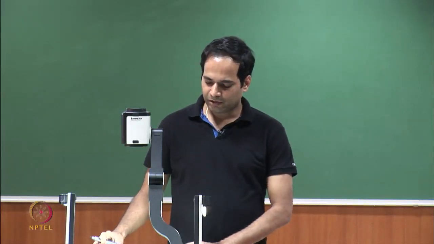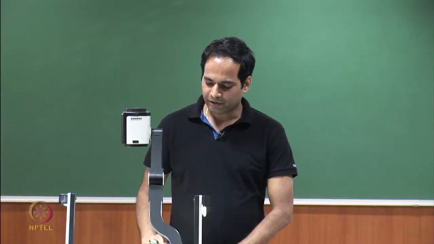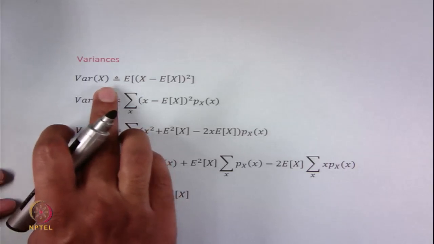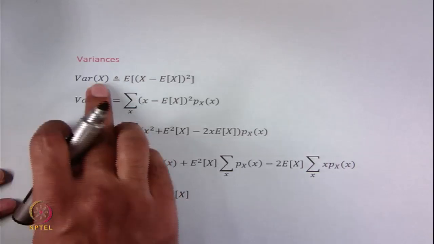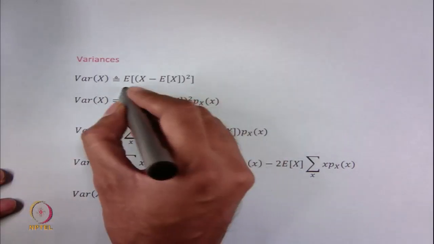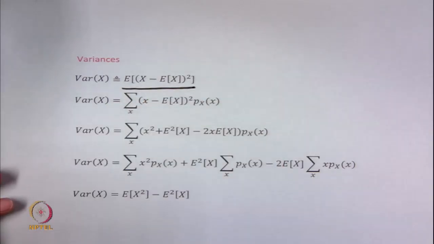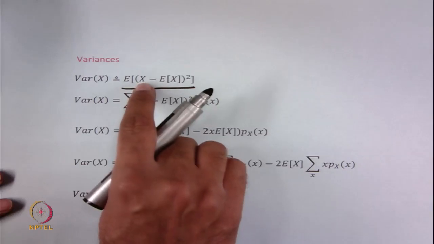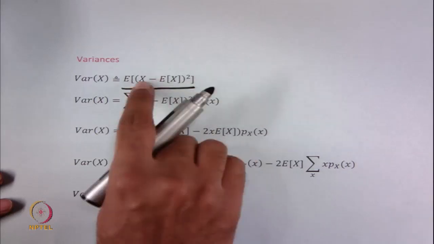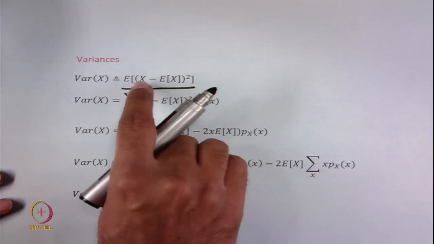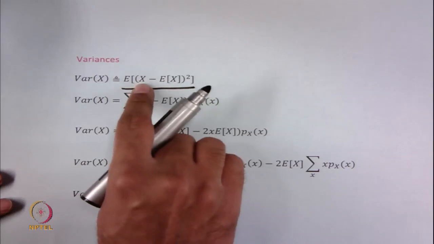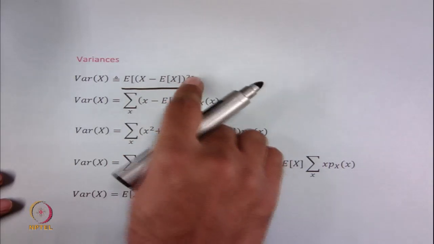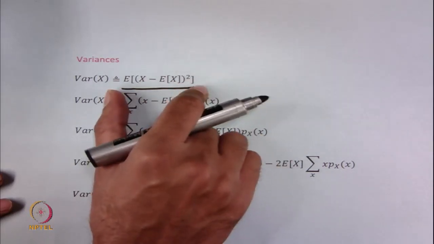So, the first thing I would like to do today is to look at this slide again, where we defined the variance of a random variable, variance of x. So, what we said is variance is nothing but the distance of the random variable from the mean. So, first thing that we have to do is calculate the distance of various numerical values of the random variable from its mean, and then we have to do the square of it, and then we have to compute the expectation.